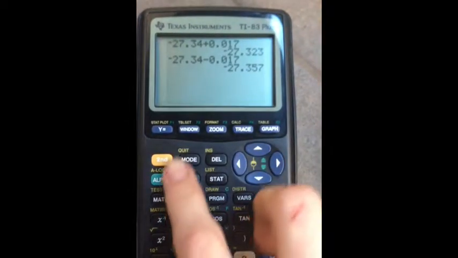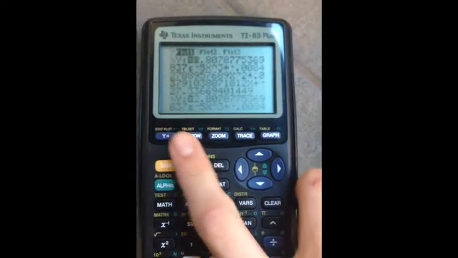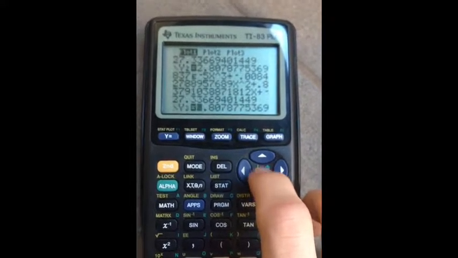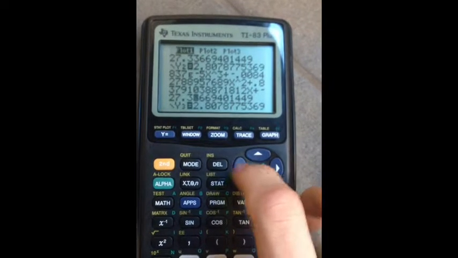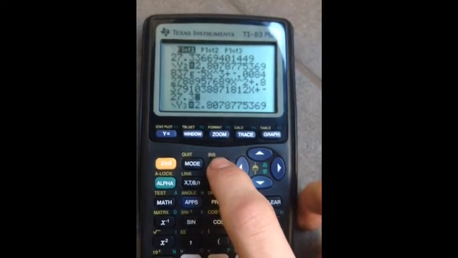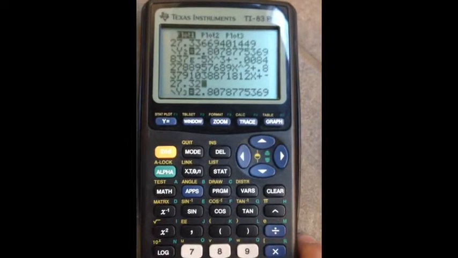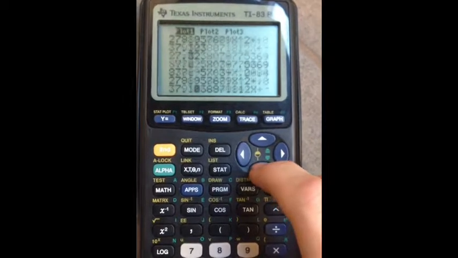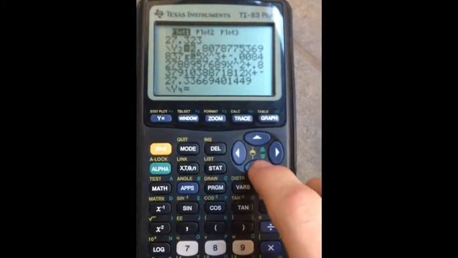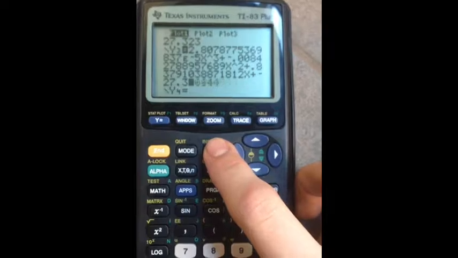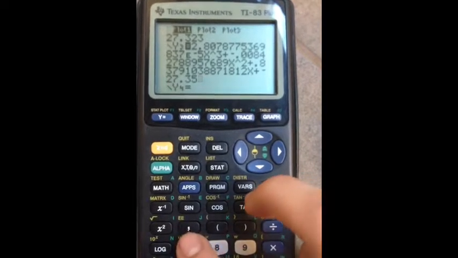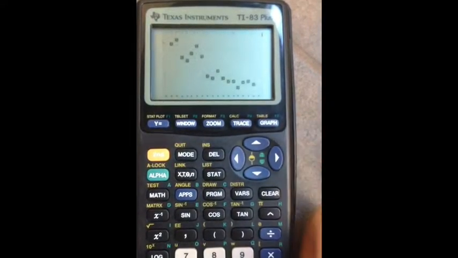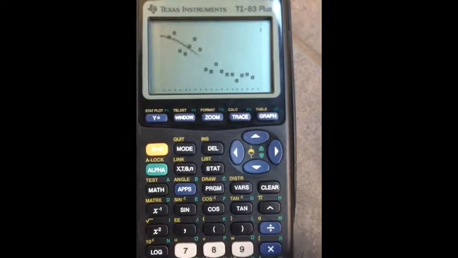So now that we know that, we can hit y equals, and then go down here and change this so that it is 27.323, and then change this one to 357, and then we can graph that and see what we get.